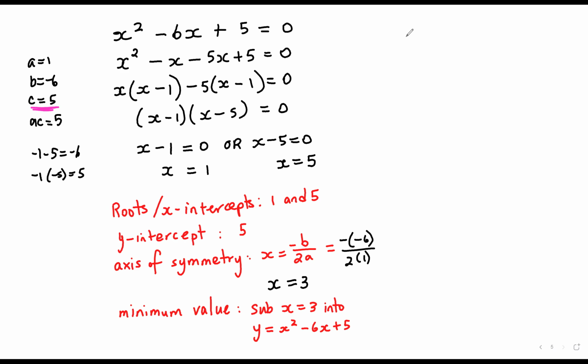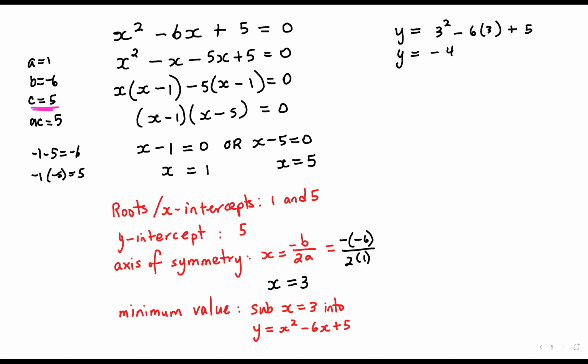So substituting x is equal to 3 into y is equal to 3 squared minus 6 times 3 plus 5, right? Because the minimum value occurs when x is equal to 3. So you just put this in on your calculator, 3 squared minus 6 times 3 plus 5, and you'll get negative 4. So the minimum value is negative 4.